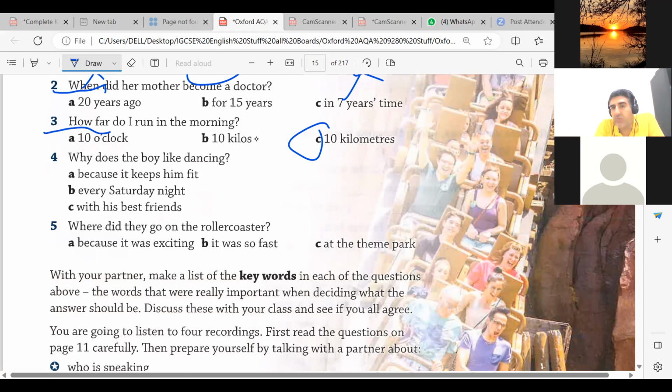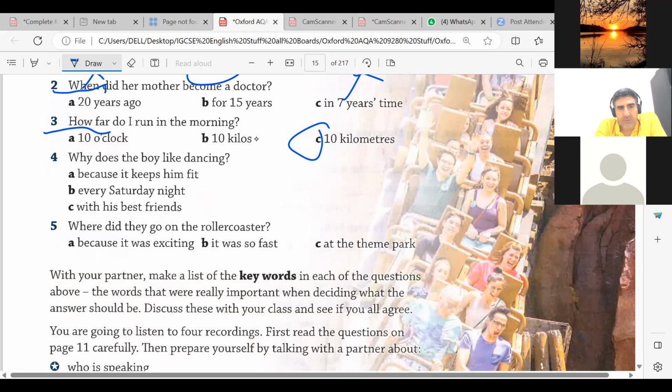That's why, ya shabab, you must read the questions before you listen. As you see here, 10, 10, 10, but each 10 is completely different from the other. Here 10 kilometers is for distance, but 10 kilos is for weight, and 10 o'clock is for time.